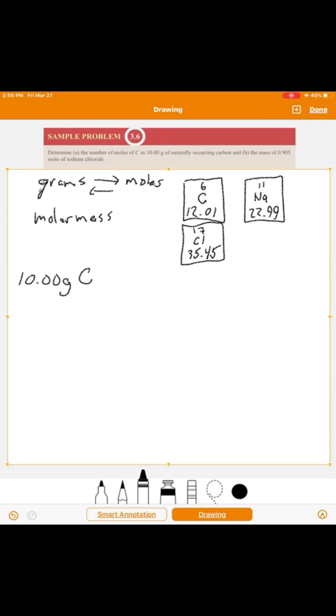What we would say is that 1 mole of carbon is equal to 12.01 grams of carbon. That's this number right here. Okay? So the definition of that number is that number in grams is equal to 1 mole of that specific element. So for carbon, 1 mole weighs 12.01 grams. That's what that number is telling us.